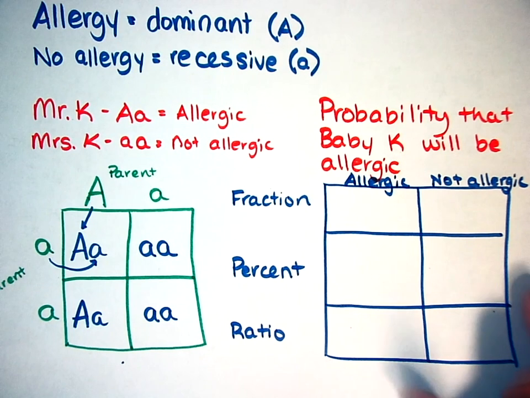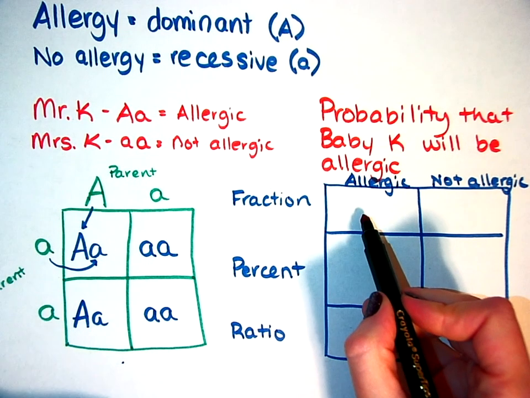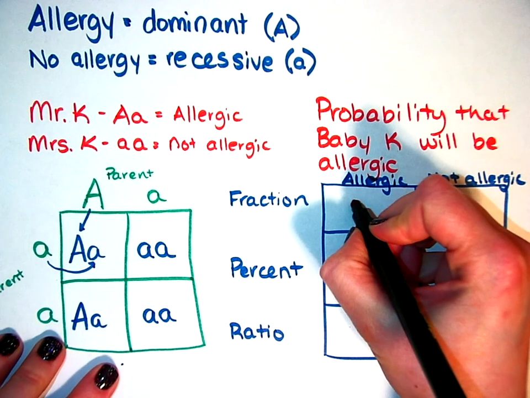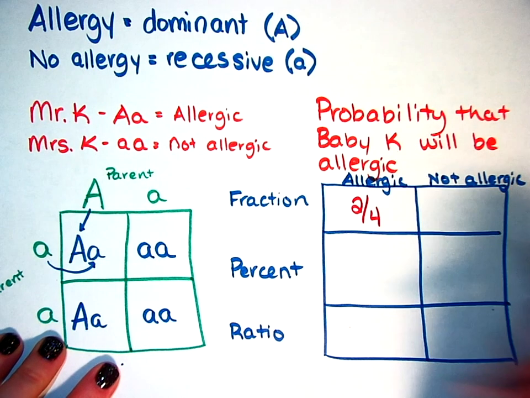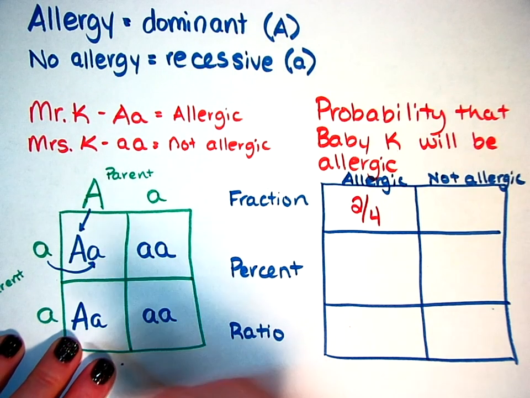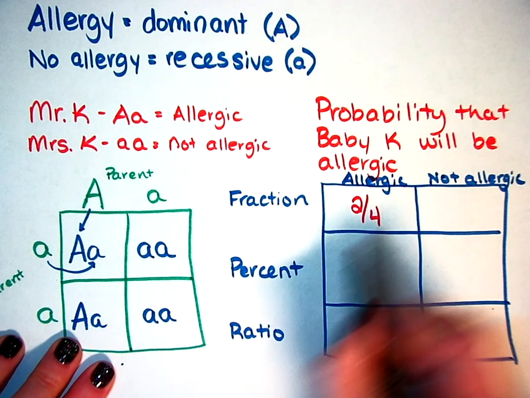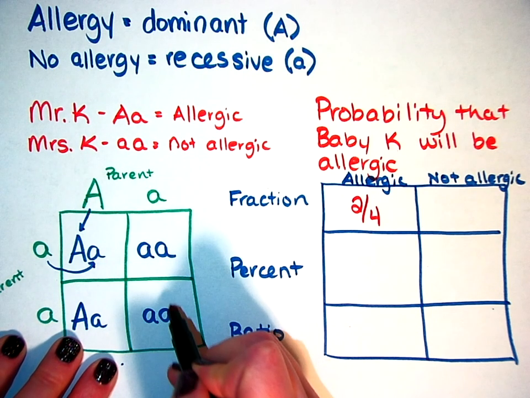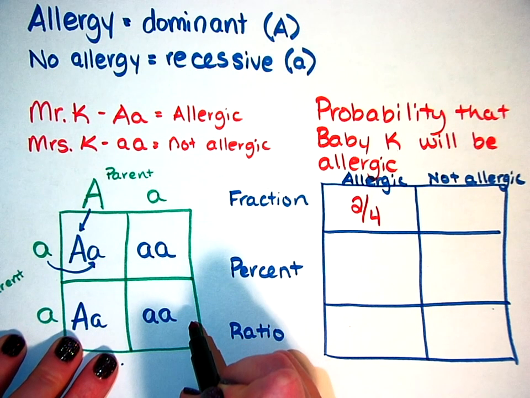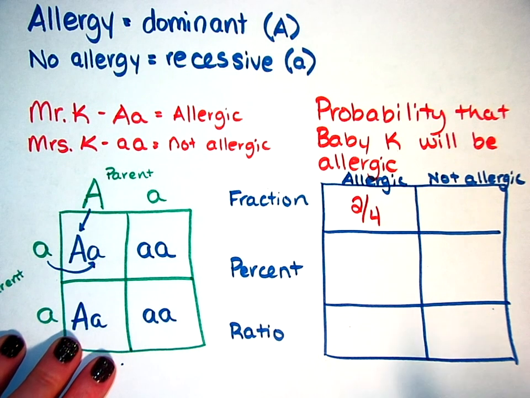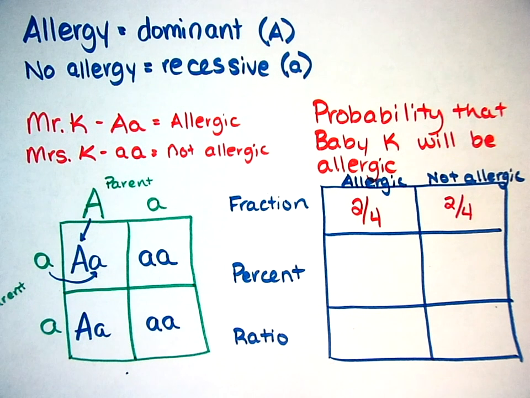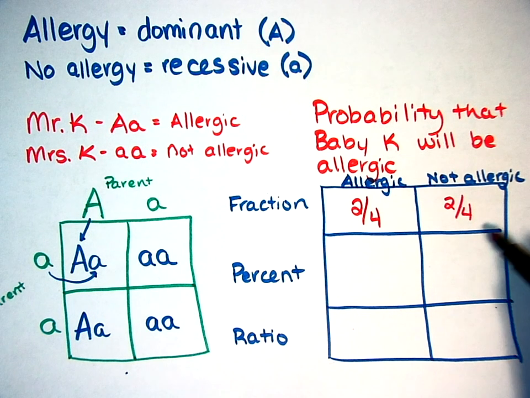If we look at the probability fraction of our baby being allergic, it is 2/4, or you could simplify that to 1/2. And I see these two: in both these cases, the baby has two copies of the recessive allele, meaning they're not allergic to cats. So there's a 2/4 probability, a 1/2 probability, that the baby could be not allergic.